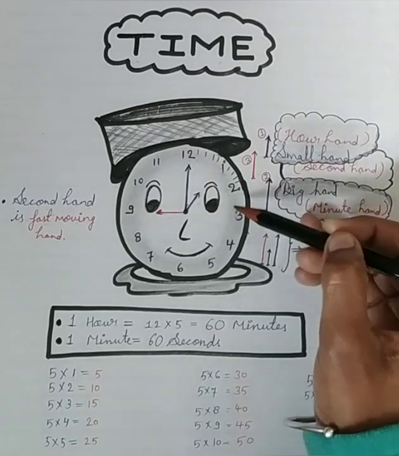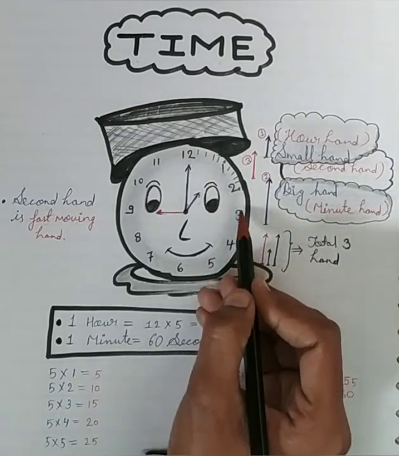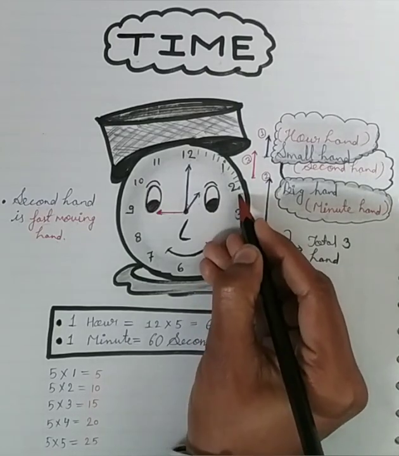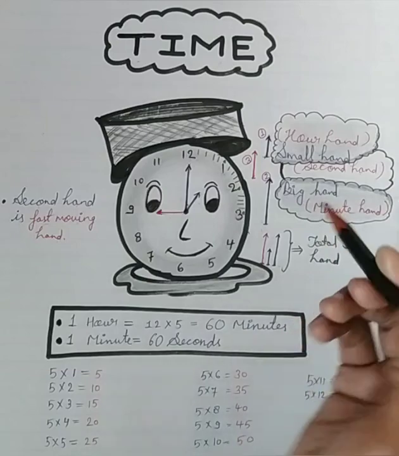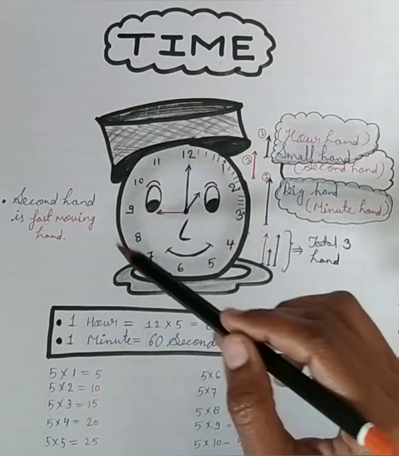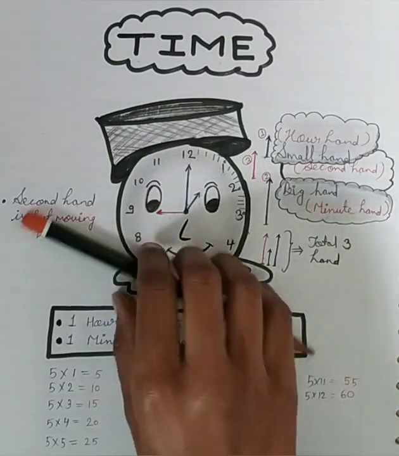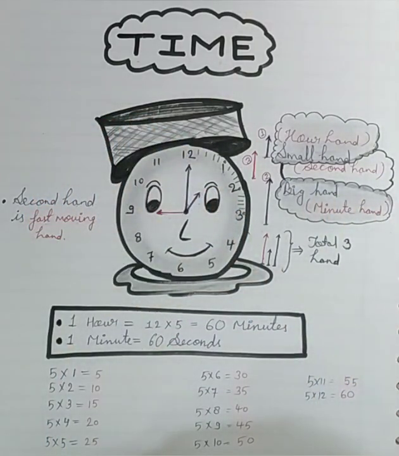Now if we talk about this part or section, further we can divide it into 5 parts: 1, 2, 3, 4, 5. So on this basis you can say that each part is equally divided into 5 parts.